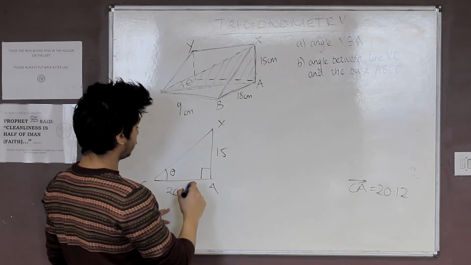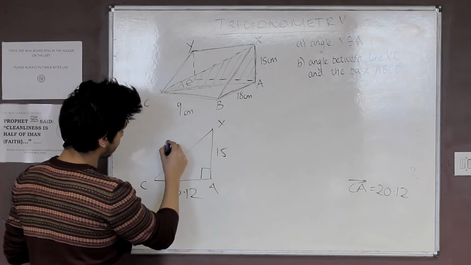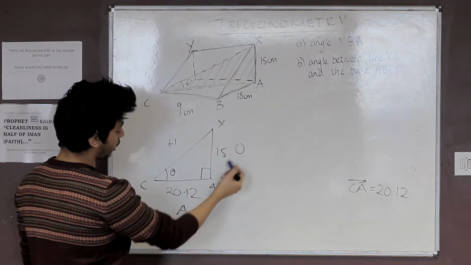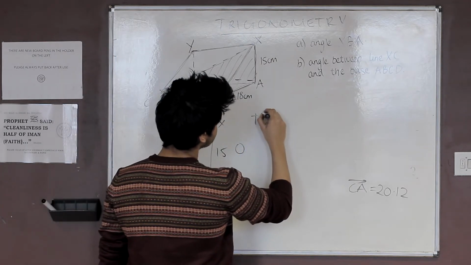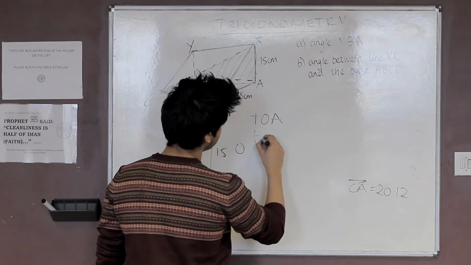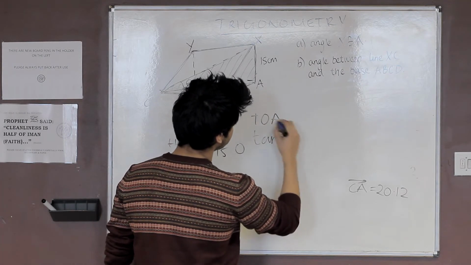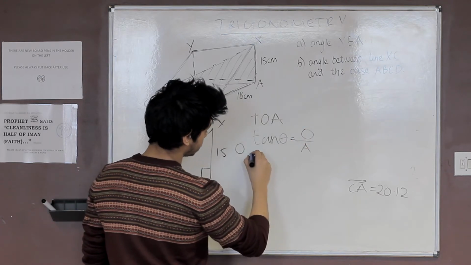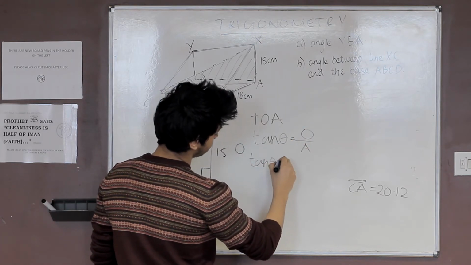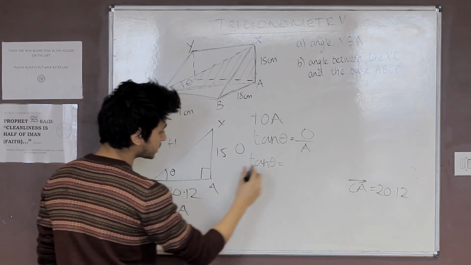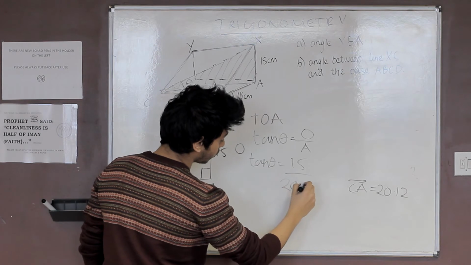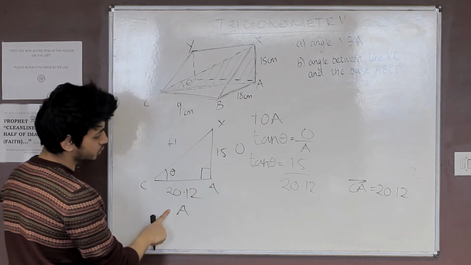Let's label this again: hypotenuse, opposite, and adjacent. We've got opposite and adjacent, which represents our TOA function. Tan theta equals O over A, so tan theta equals 15 over 20.12, where 20.12 is the adjacent that we just worked out.